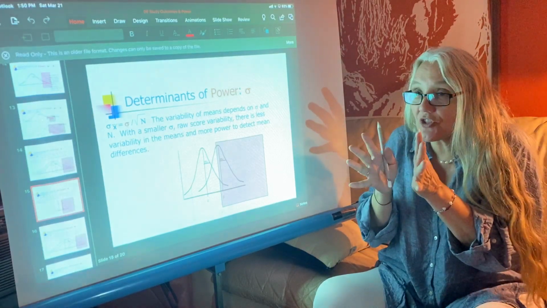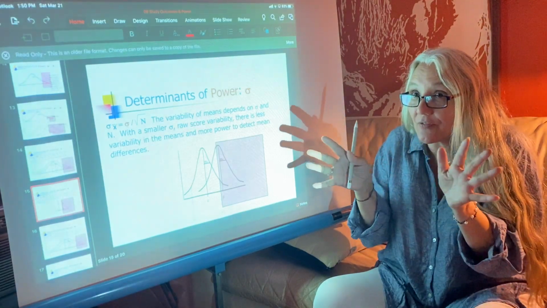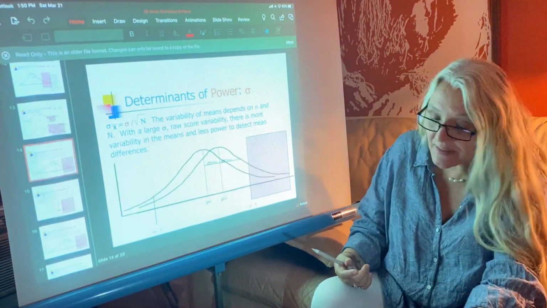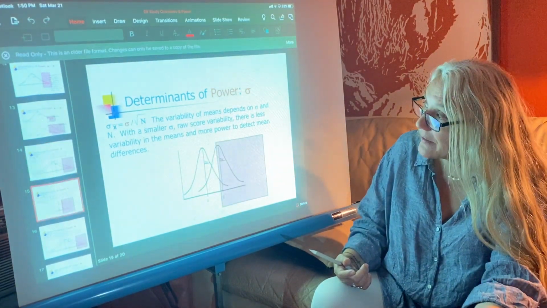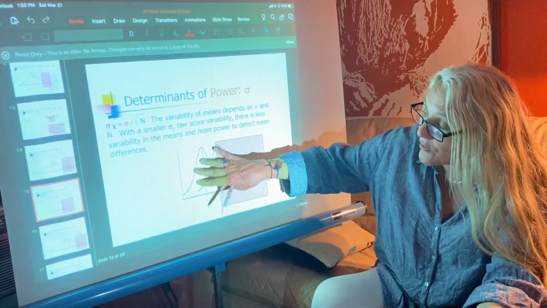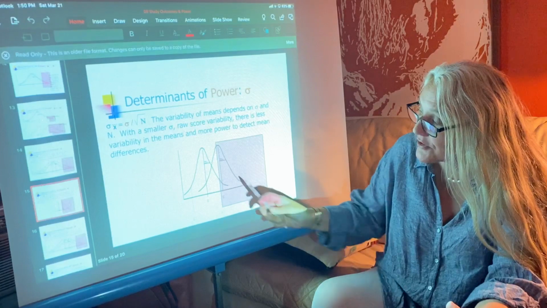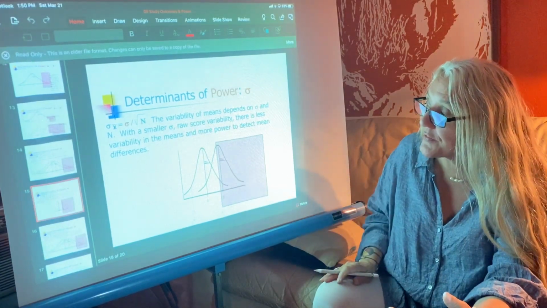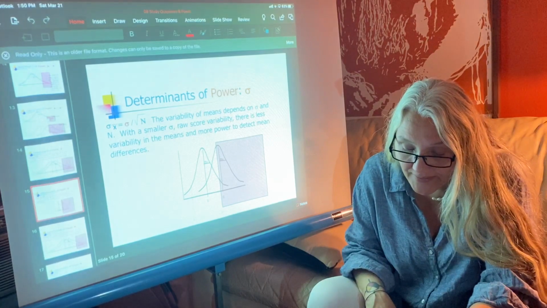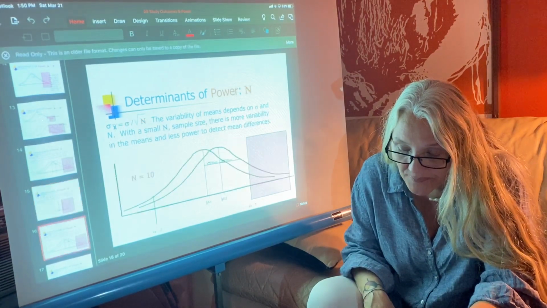These distributions start looking different from one another. Here's a larger sigma. Here's a smaller sigma, and I can see that most of the second distribution is not slopping over onto the first when I've narrowed my variance or my standard deviation.